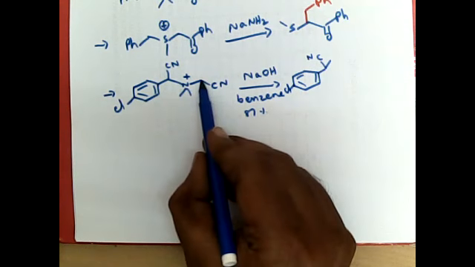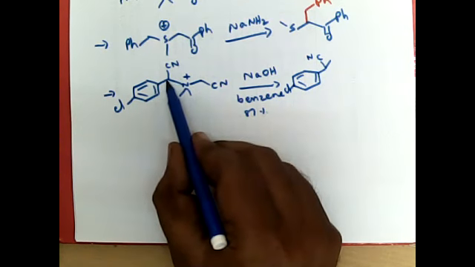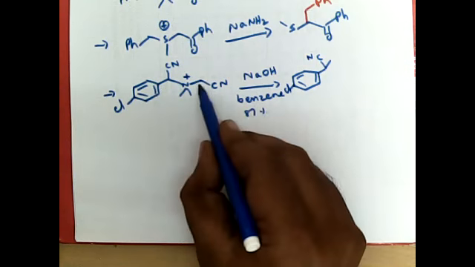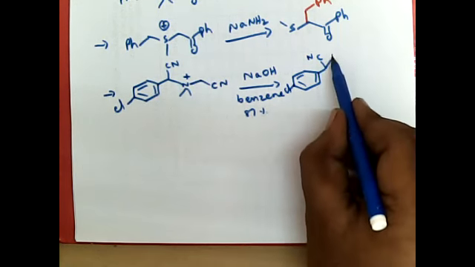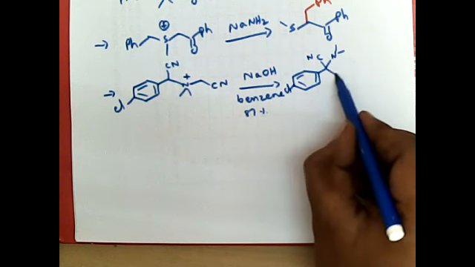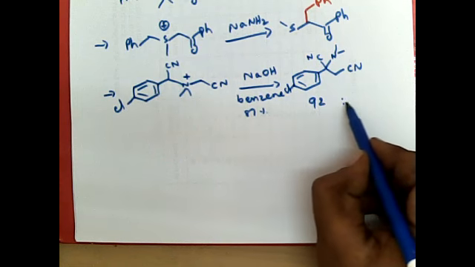This alkyl group is undergoing rearrangement to this. That means negative charge will be generated here, then this entire group will be leaving. This is the product. So this is the Stevenson product.